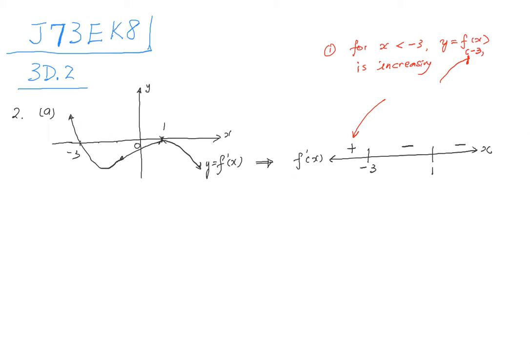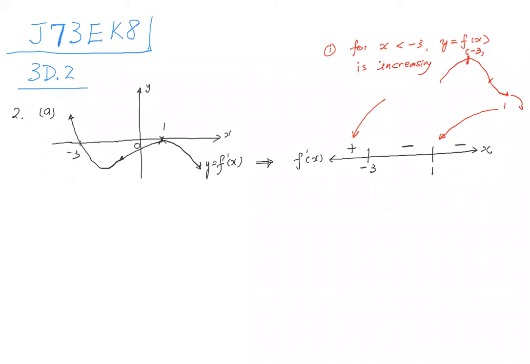Then after that, it will go down. Then it will turn at x equal to 1. Then after that, it will go further down. So that is how we get the shape, based on all this information. So is my shape of the graph of y equal to f(x) correct or not?